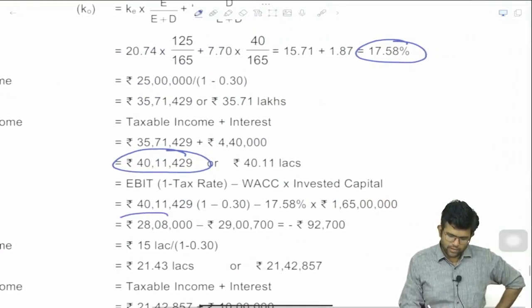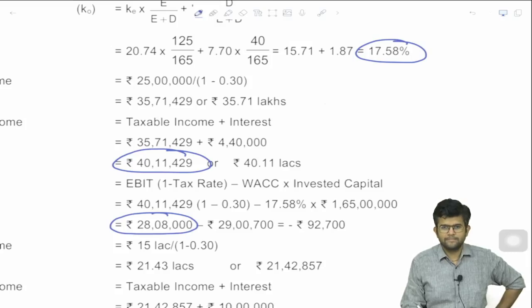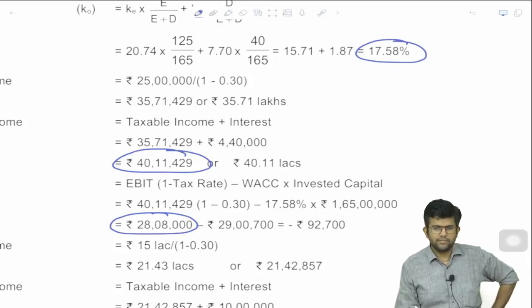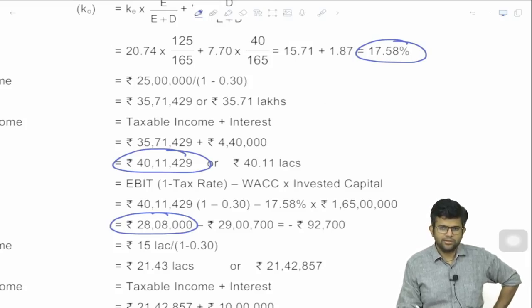The Institute has got 28 lakh 8,000. That is EBIT (1 minus T).